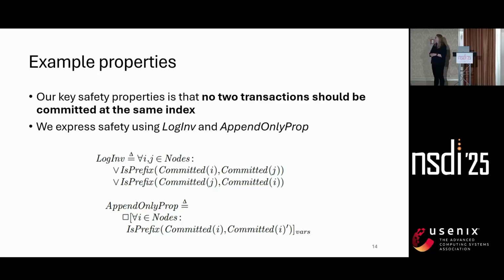The first one, log inv, says that for any pair of nodes, their committed logs, one is the prefix of the other, or they are equivalent. And the second statement here, append only prop, says it's always the case that for all nodes its committed log is going to be append only. So the committed log before is a prefix or equivalent to the committed log after.